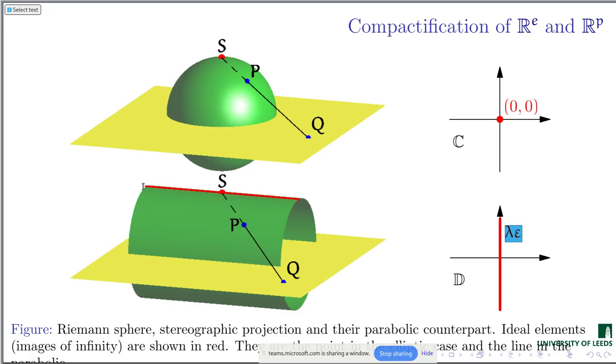That exceptional line does not have images on the plane; this is an additional object, a collection of additional points added if we compactify the plane, if we make fractional linear transformation everywhere defined as a bijection.